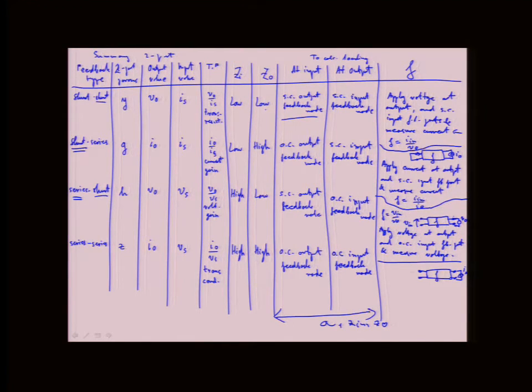With open, right? Our F will be V in over I out.